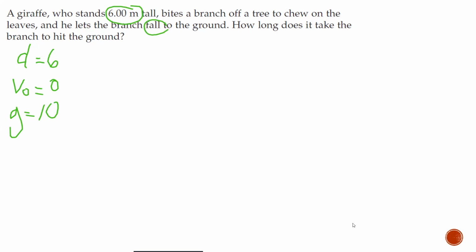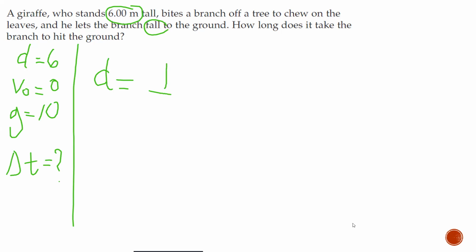How long does it take? What's the meaning of how long? I'm asking you about velocity, or distance, or time? Time. Yeah, thank you. Time. So you will find now the time. We have to use also D is half GT squared. D now is what?